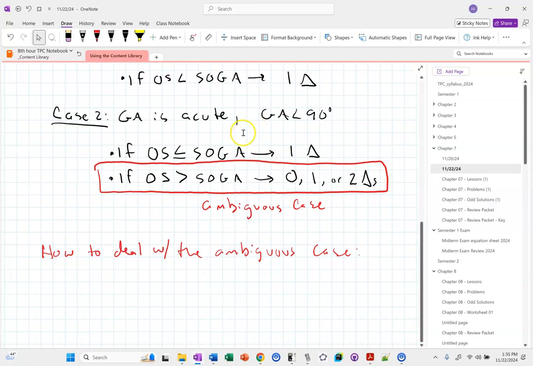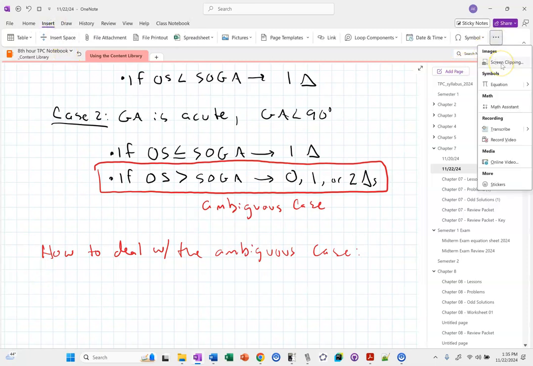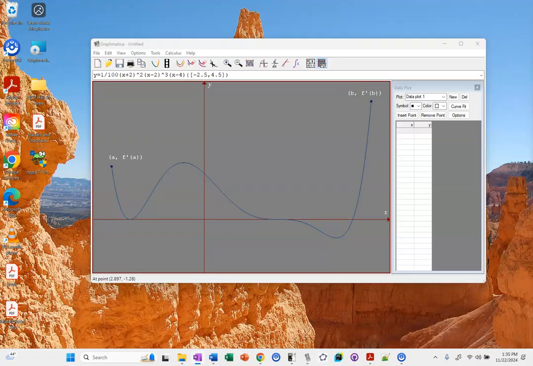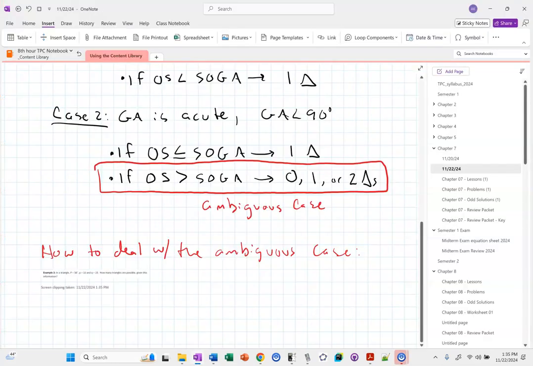So what we'll do is start with an example problem, and we'll develop the tool that we need to use to figure out what's going on based on our example.